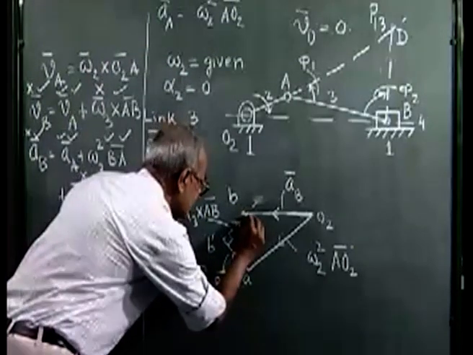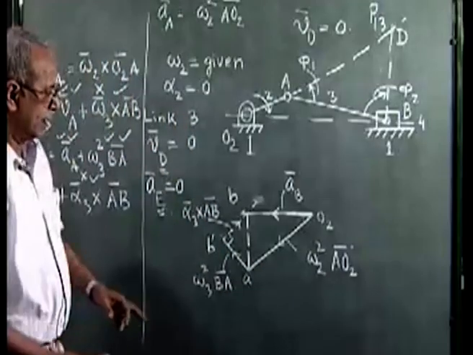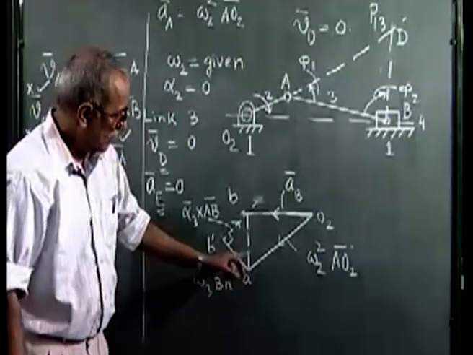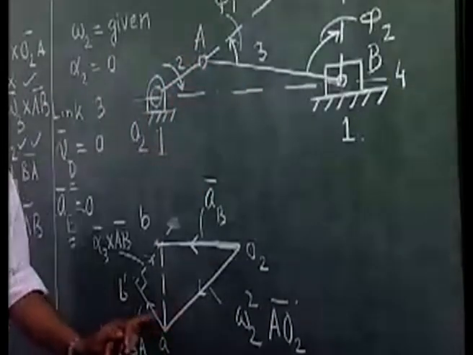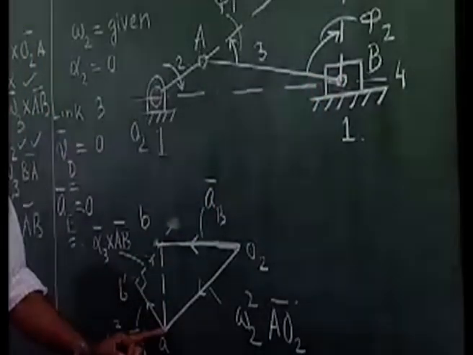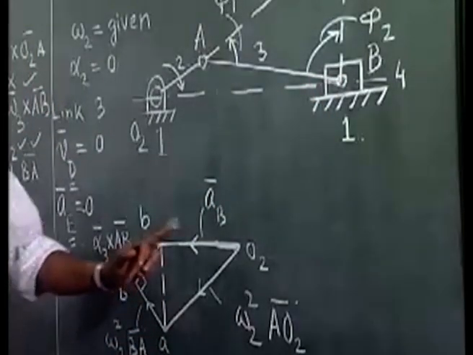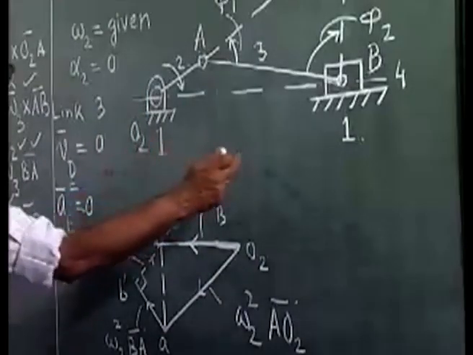So if I draw this line, then if I draw a figure similar to this ABO2 with capital A and capital B representing the points small a and small b, wherever O2 goes, that point will be E, because then the acceleration of the point E will be 0.